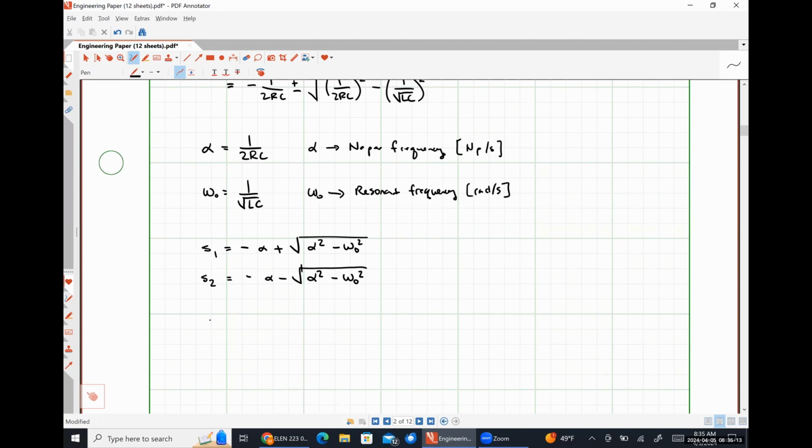So instead of saying V of t is just A e to the st, we're now going to say that it's A1 e to the S1t plus A2 e to the S2t.